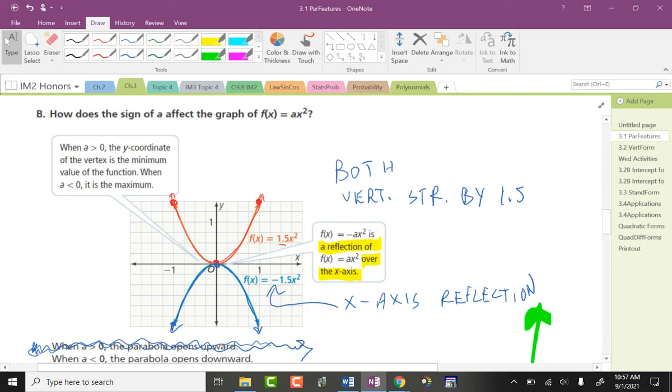So now I got 1 comma negative 1.5. This parabola now goes down. So therefore, we will call that an x-axis reflection. Okay? So whenever you have a negative on the front of a function, you'll call that an x-axis reflection. I'll say the word flip. I'll be lazy. I like the word flip over the x-axis. It's not that bad.